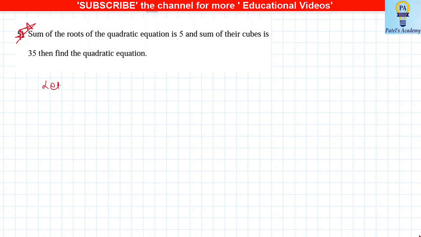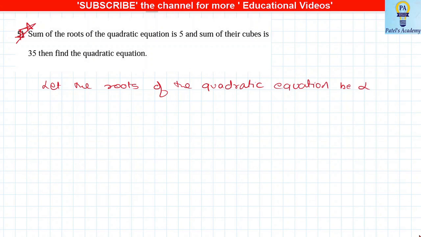So we say let the roots of the quadratic equation be alpha and beta. Okay, so what we have alpha plus beta, that is what they have given you. The sum of the roots is 5 and they have given the sum of their cubes is 35.